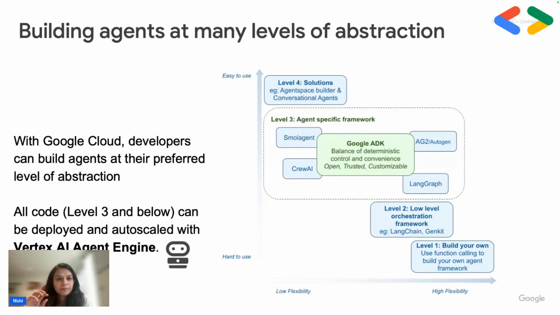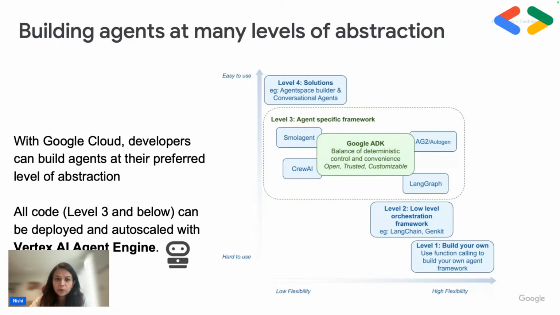Then building agents at many levels of abstraction. So you can build agents in various ways. One is you can build your own agent, so you can use function calling and build your own agent framework. Then next level would be you use low level orchestration frameworks, which are available like LangChain, LangGraph, GenKit.